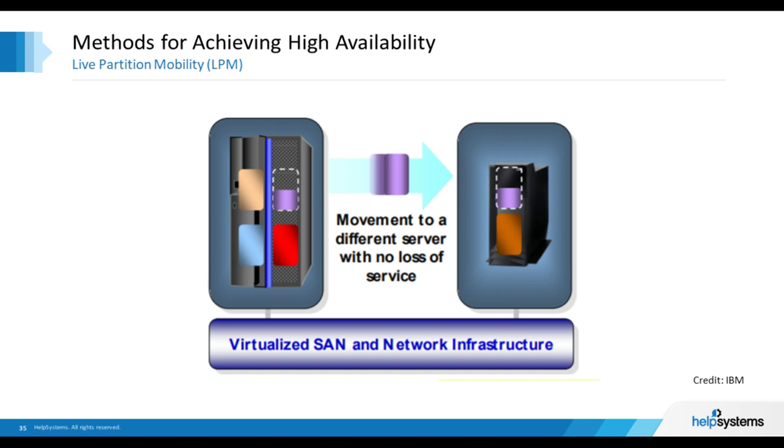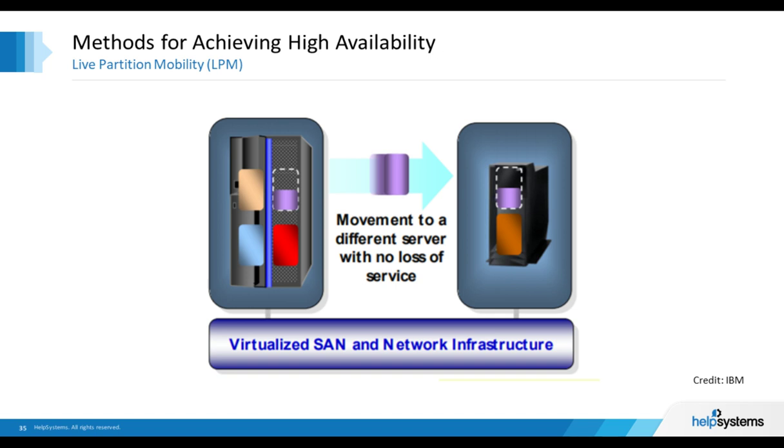So what else are we talking about now? We've moved on from PowerHA. We're talking about Live Partition Mobility, released in 2008 on Power6. LPM is a component of PowerVM Enterprise Edition, and it provides customers with the ability to move workloads from one partition running on one system to another physical system.